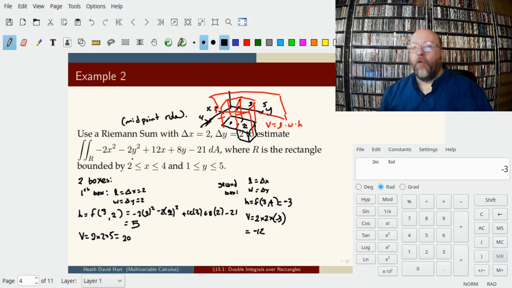And so the total volume is 20 plus negative 12, which is equal to 8. So this is a very crude estimate because we're only using 2 rectangles, but we're getting a crude estimate of 8 for the volume.